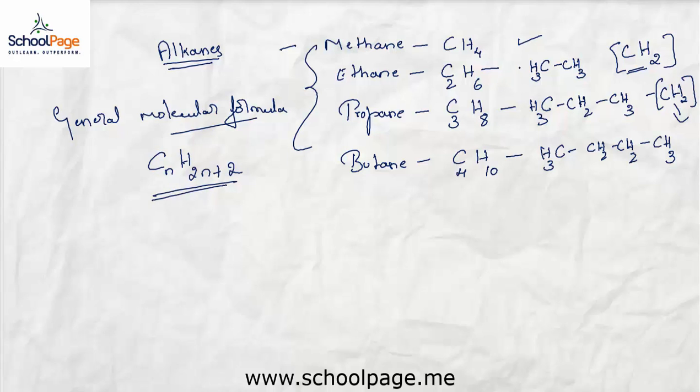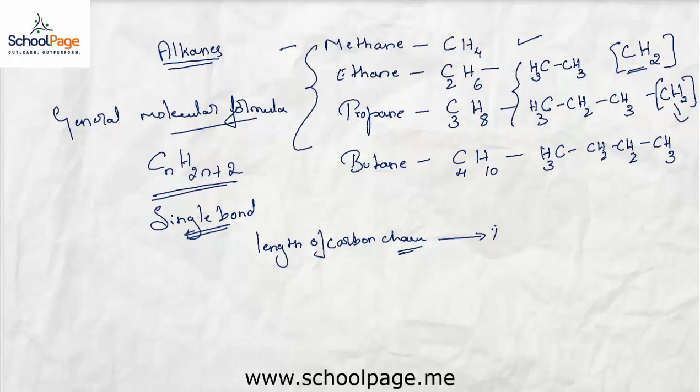When you observe their structure, they all have single bond. So they differ only in the length of carbon chain. So you can see that the length of the carbon chain goes on increasing as one moves down the series.